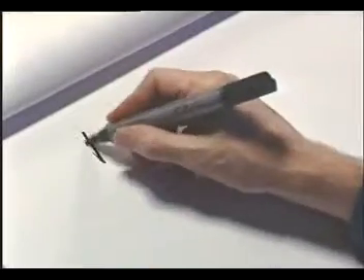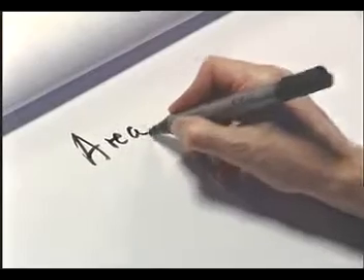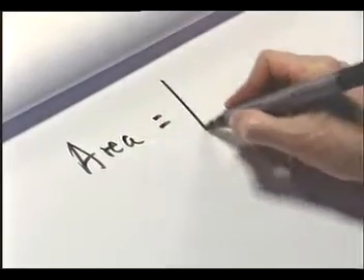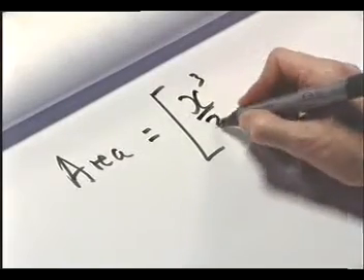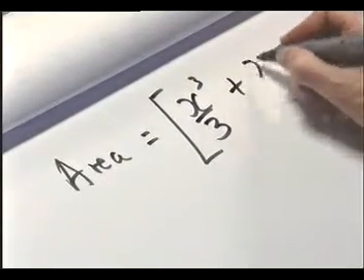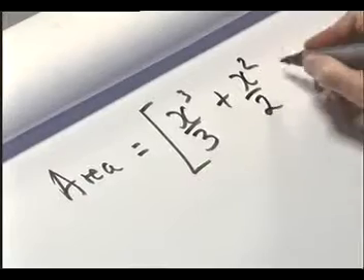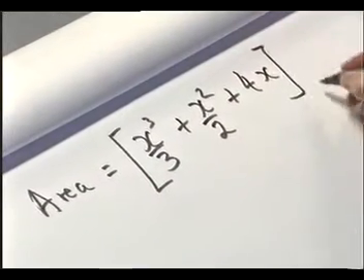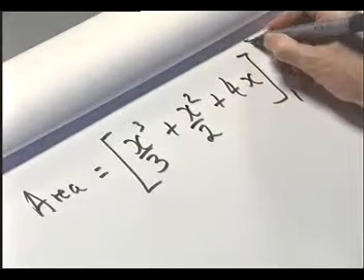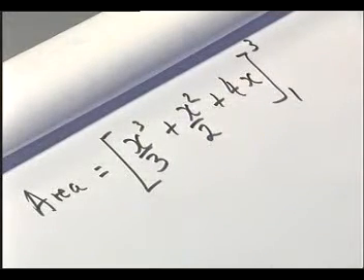Remember, the area that we're wanting, this is what we have to work out, is equal to x cubed over 3 plus x squared over 2 plus 4x, and that's to be evaluated between 1 and 3.